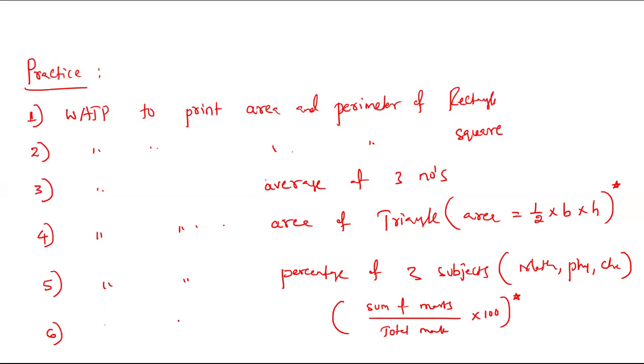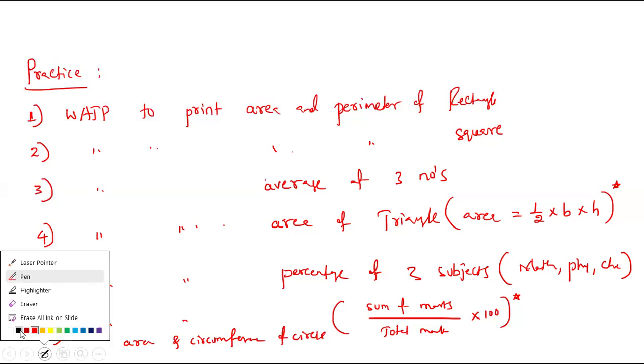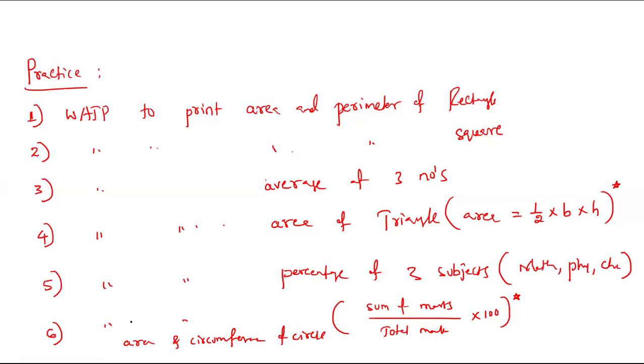Write a program to print the area and circumference of a circle. For the circle area formula, anybody knows, it is pi r square, but pi we cannot use directly, use 3.14, then into r square, meaning r into r. Then circumference is 2 into 3.14 into r.